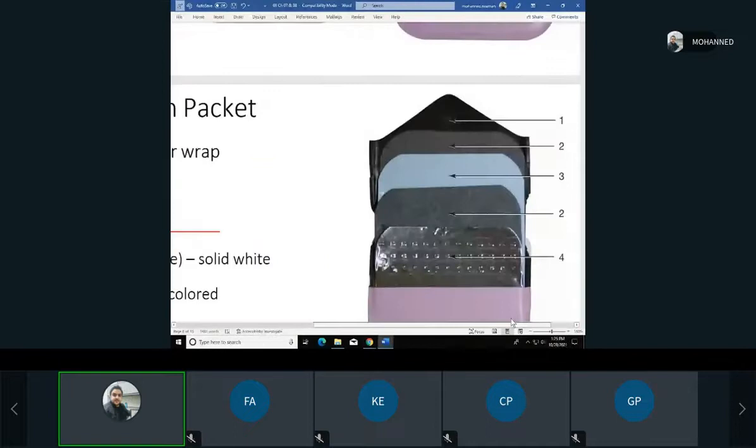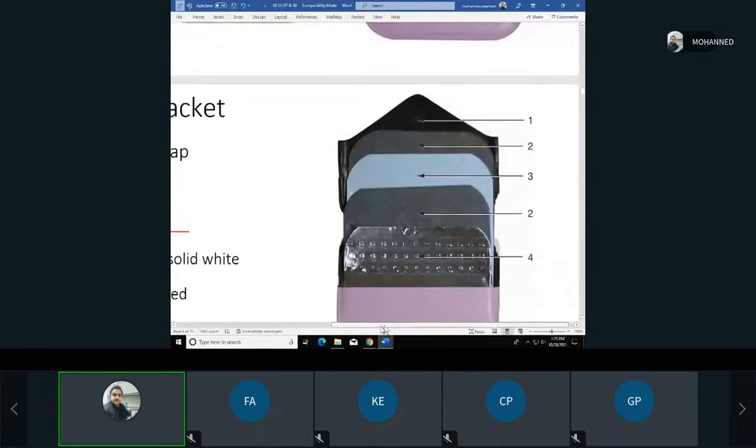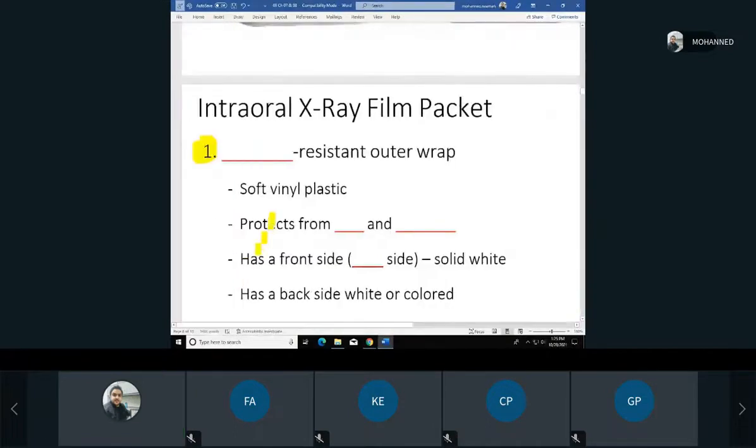Okay. So number one is the... Moisture resistant outer wrap.